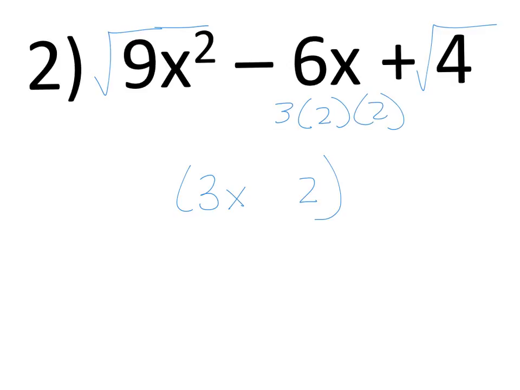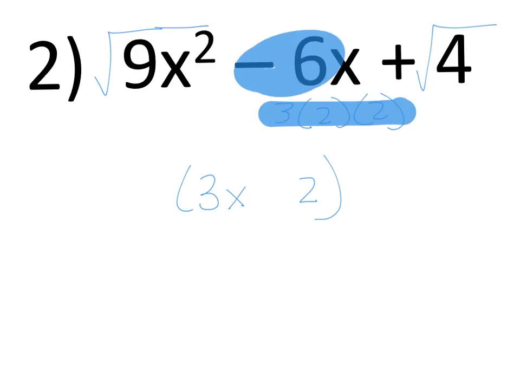Now when I multiply this together, does that get me -6? Right now you should be saying, no, it does not. This does not work. It is not a perfect square, okay? If I would have gotten 12 in the middle, now I'd be rolling. But because that 12 wasn't there, it's not a perfect square.